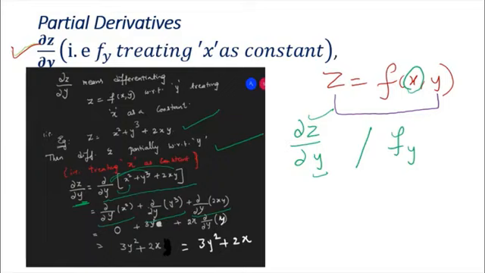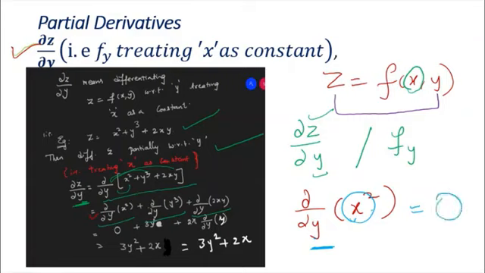So when it comes to dou by dou y of x square, you are differentiating with respect to y, and the variable is x. So this is a constant, so it is 0, because other than y, anything is treated as a constant. Next one is dou by dou y of y cube.